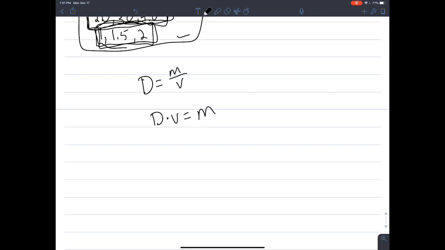So if I gave you volume and mass, you should be able to plug in. If I said the mass was 6.0 grams and the volume was 3.2 liters, then you should be able to solve for density just by plugging that in.